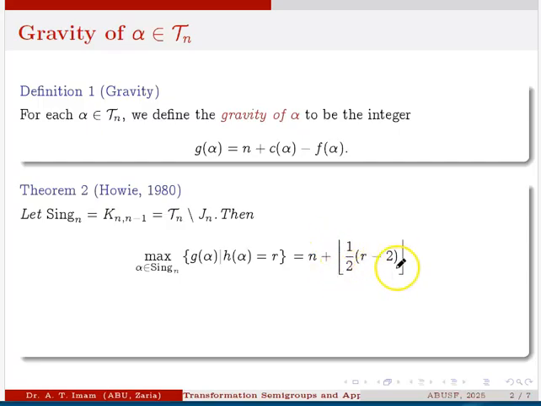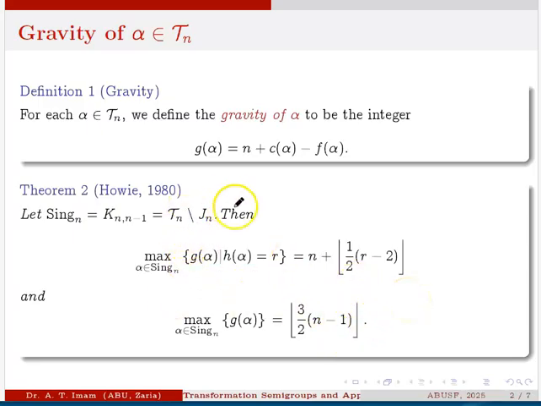This is the ceiling function, the least integer function, because this fraction may turn out to be a rational number. Whenever it is a rational number, one will take the closest integer above it. And also the maximum gravity over all alpha in Sing n is equal to the ceiling of 3/2 times (n-1), again the ceiling function of that.